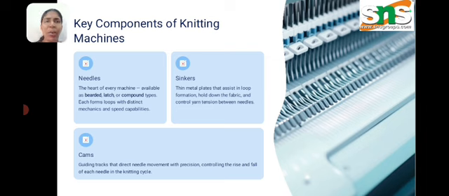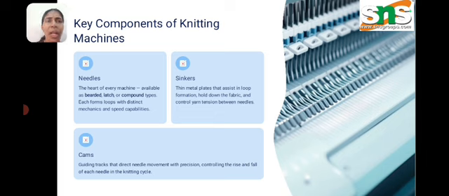First we are going to see about the needle, the heart of every machine, available as beard, latch or compound types. Each forms a loop with distinct machines and speed capabilities.